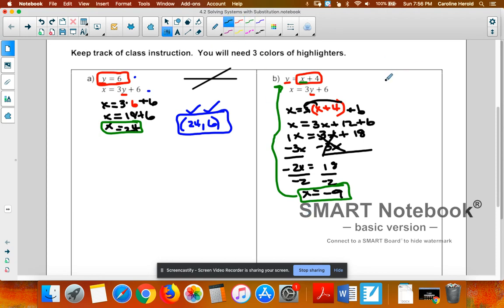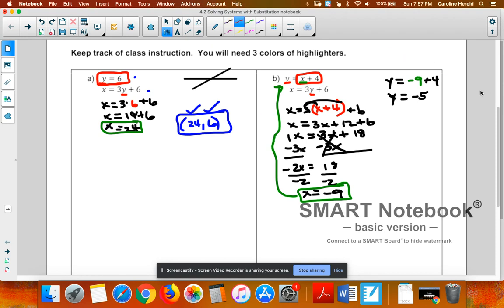So it's two sets of substitution, really. Y equals, and then whatever I said x was worth, which I said was negative 9, plus 4. And y is then going to equal negative 5, right?